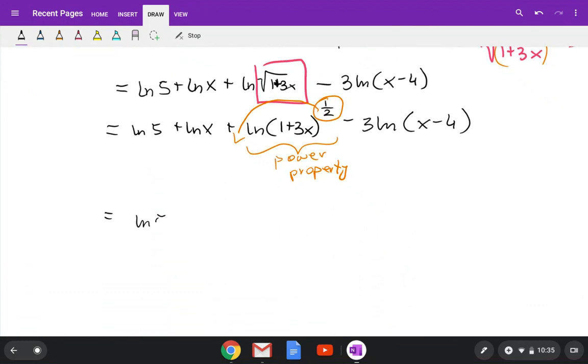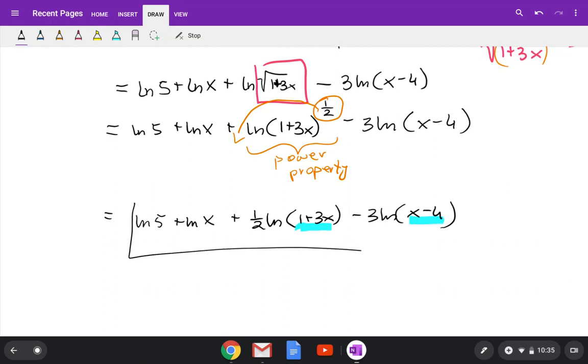It's ln of 5 plus ln of x plus half of ln of 1 plus 3x minus 3 ln of x minus 4. Again, I mentioned that this one cannot be broken. This is the expression. There's no way that you can separate ln of 1 plus 3x or ln of x minus 4. So just keep it the way it is. This is the final answer.